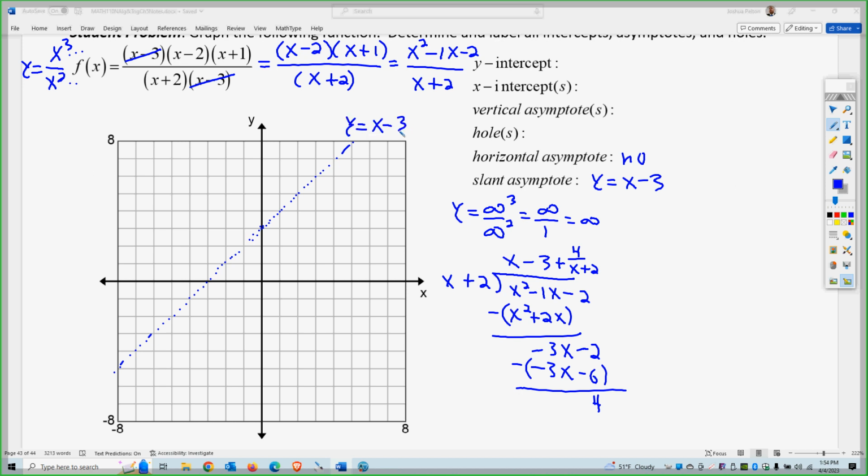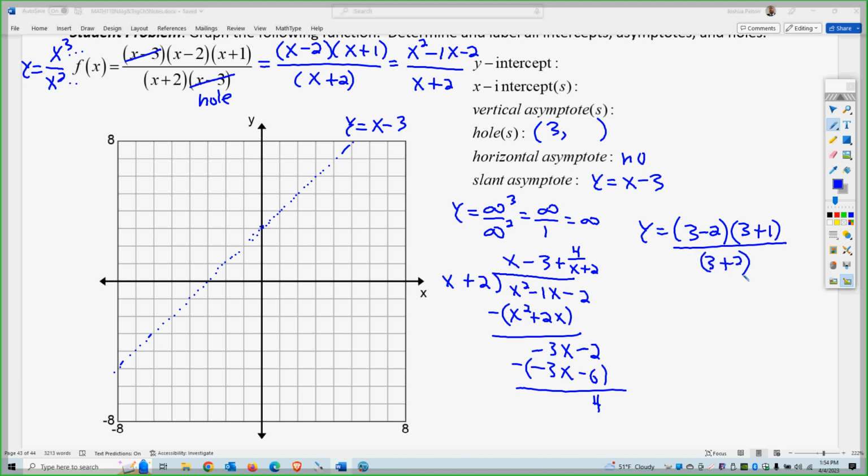Okay, so holes, we do have a hole because one of the things canceled, right? So it's 3 comma something, because the x minus 3 canceled out. Take something out, you're left with a hole. So if I plug that value in, I get y equals 3 minus 2 over 3 plus 1 over 3 plus 2.